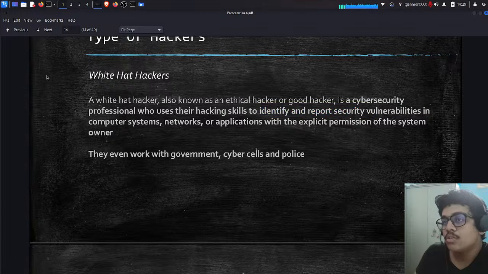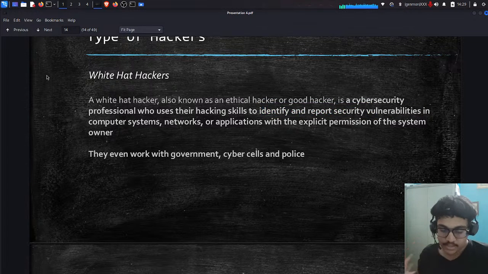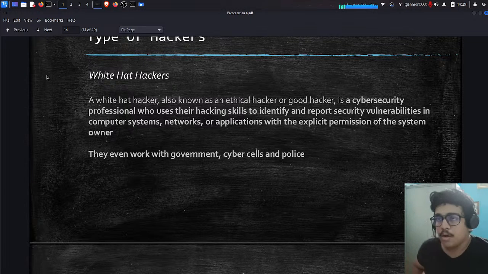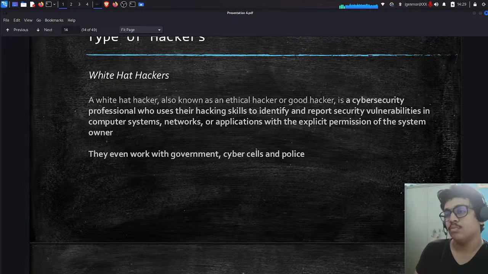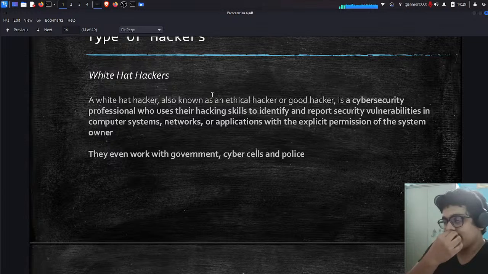Let's take an example. If a company has made a website, let's assume a payment website, a payment gateway, before deploying it and providing it to normal people, they will first hire a cybersecurity professional who can test their website.